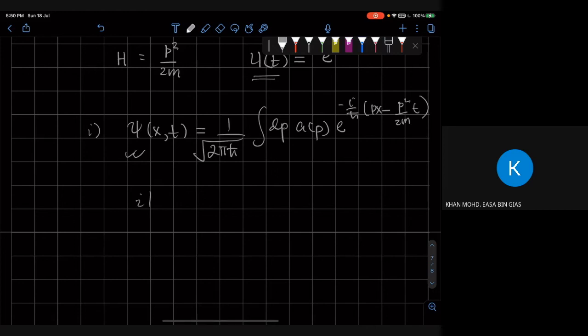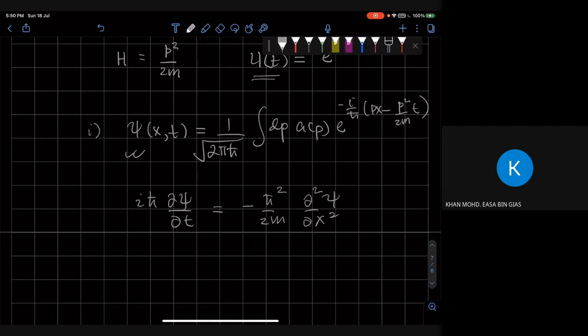No, it's i h bar d psi by dt is equal to minus h bar squared by 2m d squared by dx squared of psi, right? Yes, sir. We don't have a potential. Yes, sir. Okay, sir. The potential, you just set to 0.